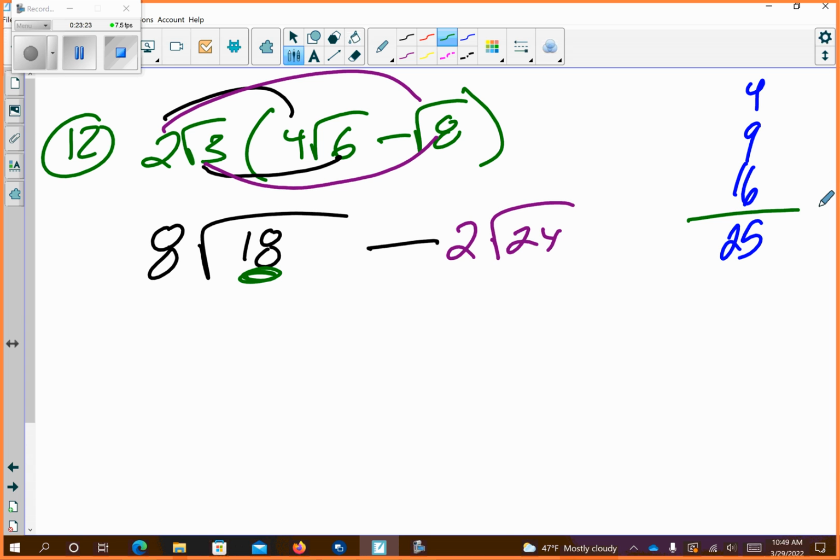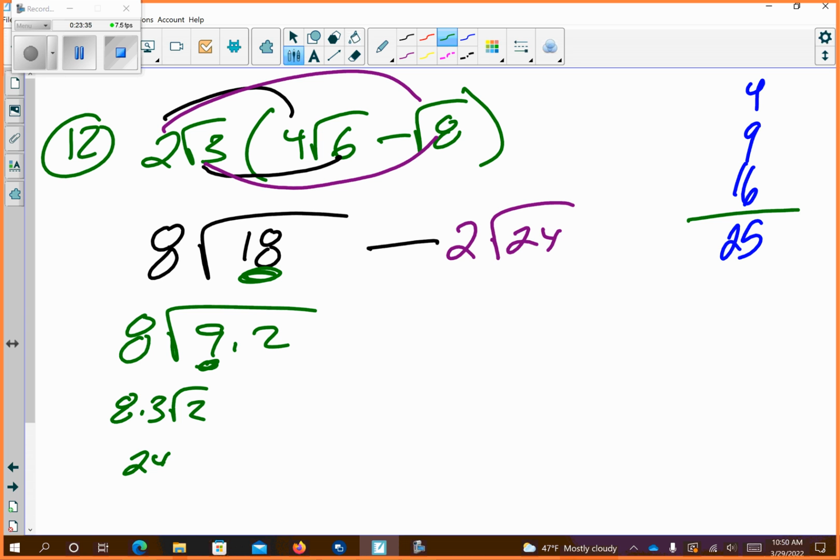18's there. Which two numbers multiply to give me the 18? One being a perfect square. Yeah, 9 and 2. Square root of 9. So I get 3 root 2. Minus. And go with this one. 24. I'm going to use that same line.